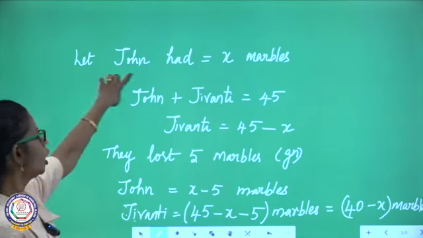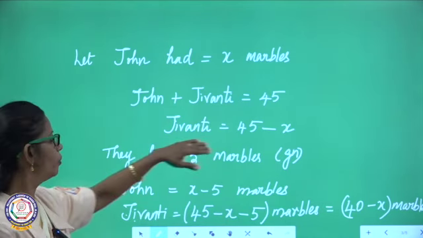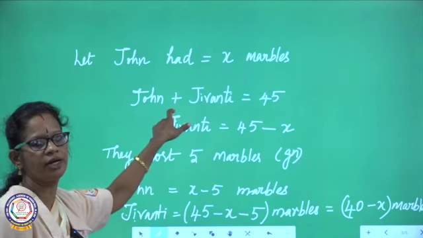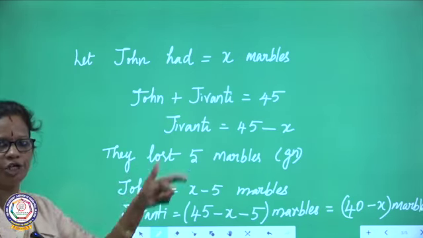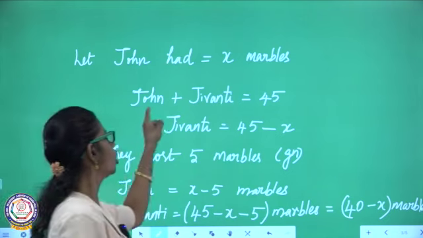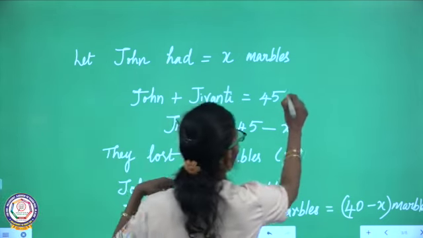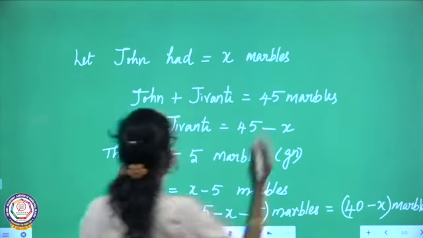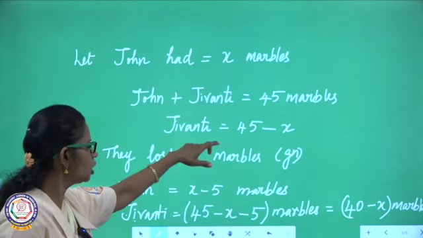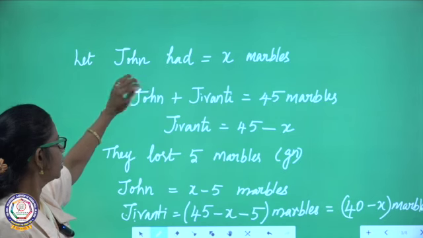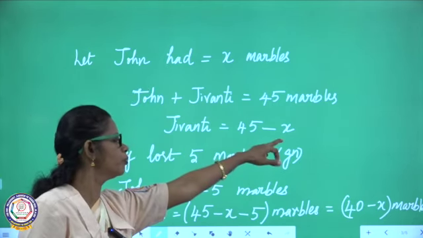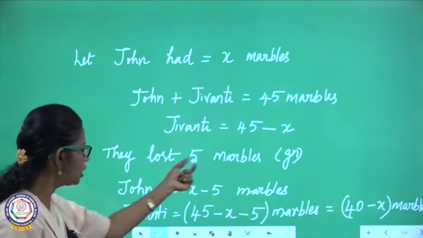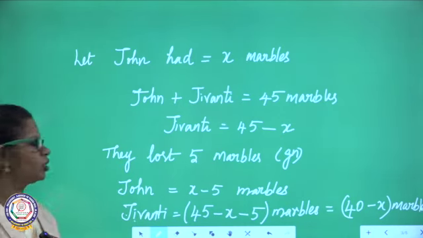Let John have x marbles. John plus Jivanti, because they said together, so the statement I converted into the form of addition: John plus Jivanti equal to 45 marbles. Next, Jivanti equals 45 minus x, since the x I shift to the other side, I get minus x. The loss of 5 marbles is given in the question.